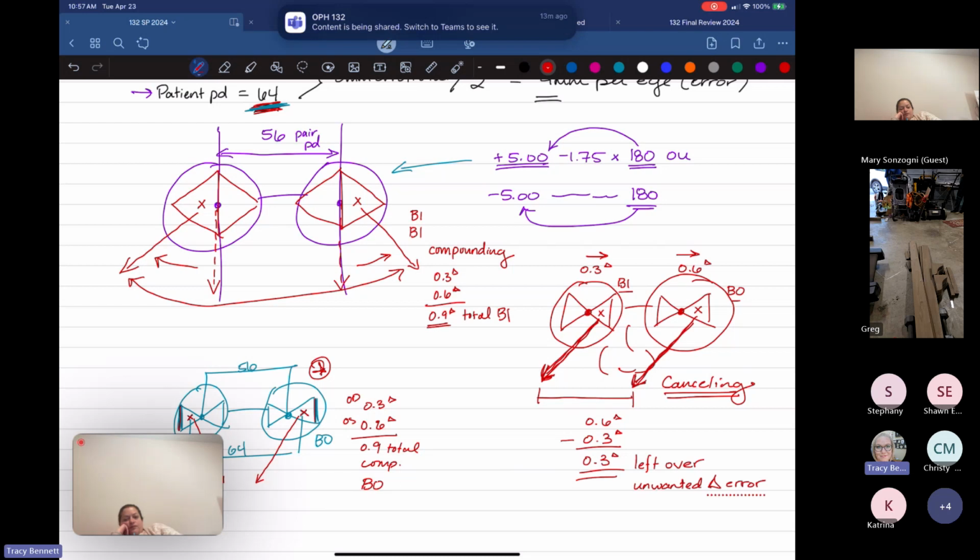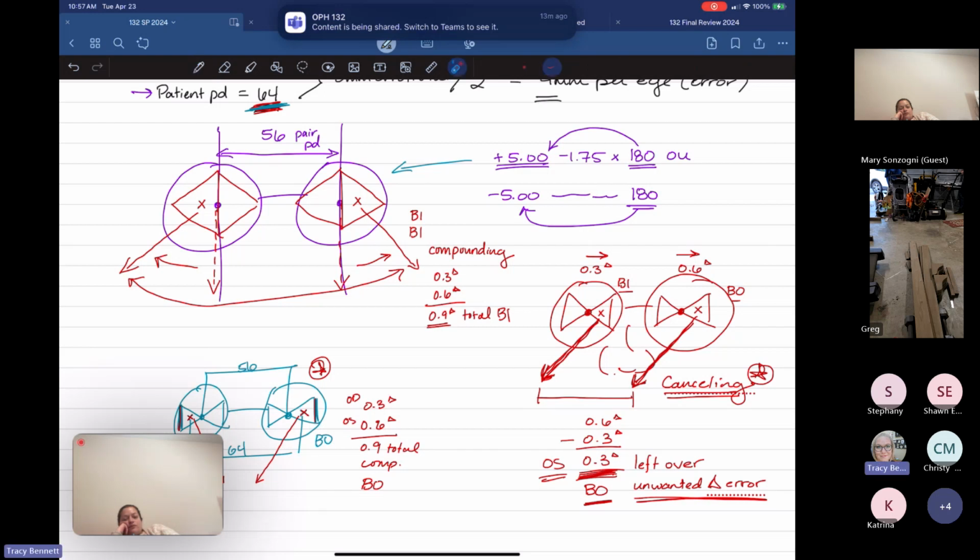So we have 0.3, and the left eye had the excessive amount of base out prism. So in the left eye, we would say we have 0.3 base out of unwanted prism error because they canceled.